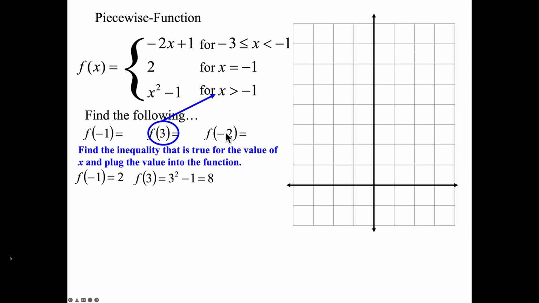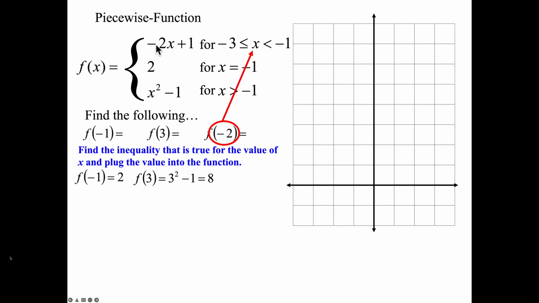Now we're going to use negative 2 for x. Okay, so since it's negative, we probably want to check the first one because that's where we have our smaller x values. Negative 3 is less than or equal to negative 2. True. Negative 2 is less than negative 1. True. So this is the inequality that makes true. We don't even have to test the other ones because when one is true, the rest are null and void.